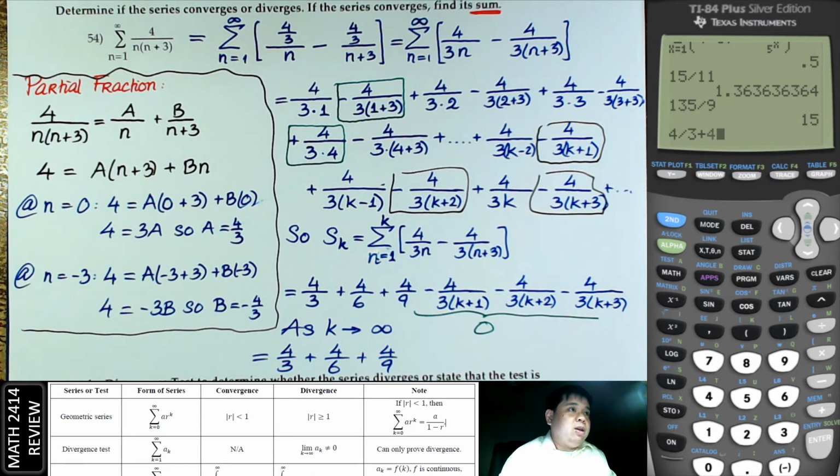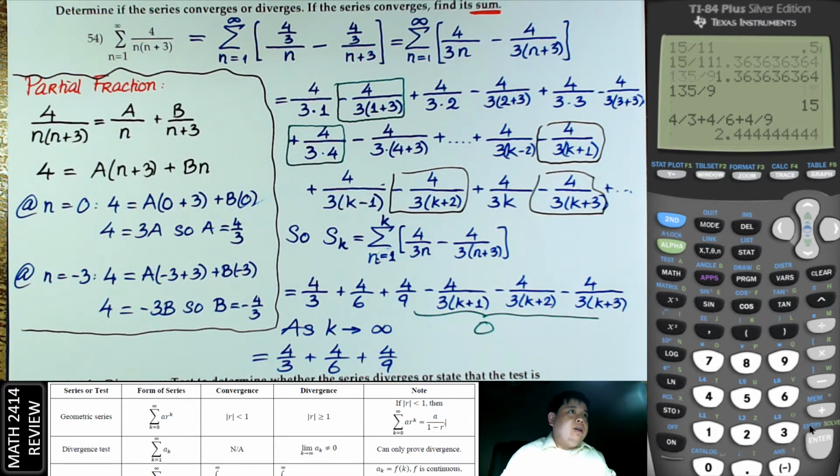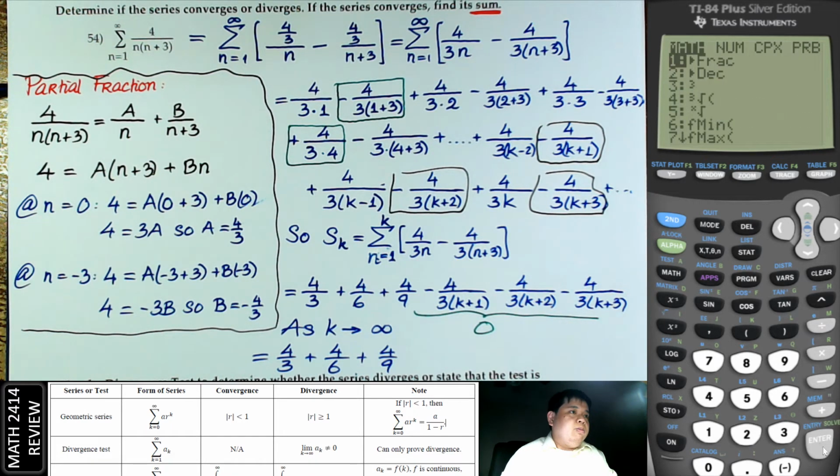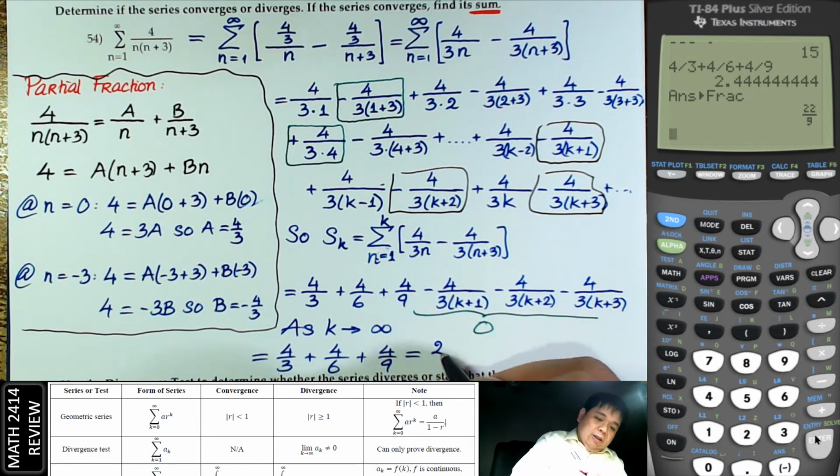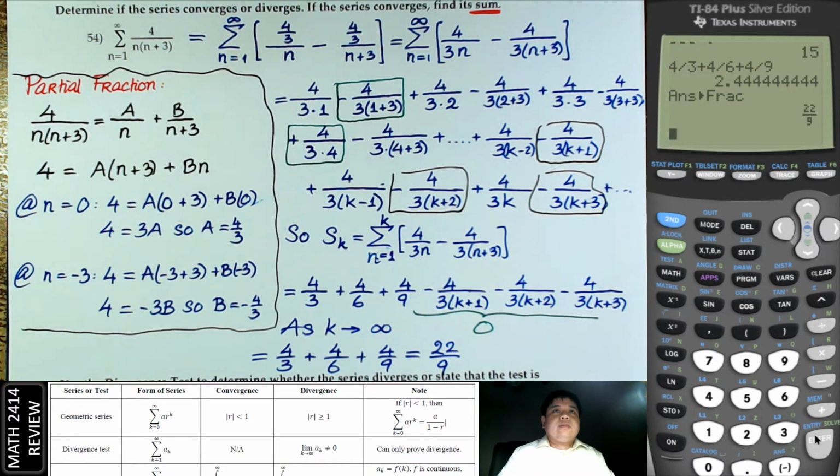So that's what we have. So 22 over 9. Right, so that is that.